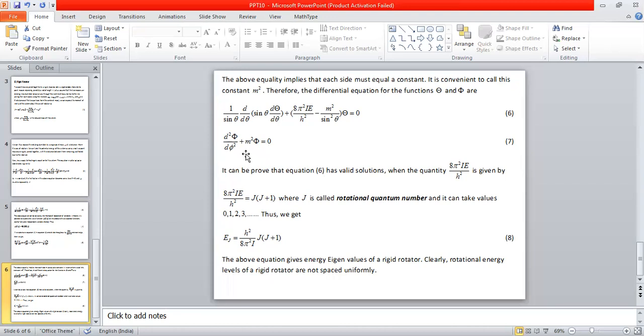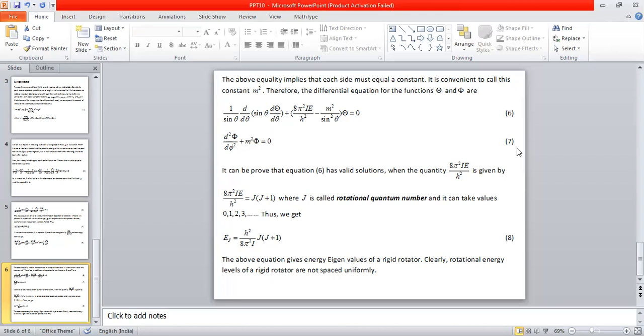In the case of hydrogen atom, we wrote this constant as m_l square and called it the magnetic orbital quantum number. Here in this case, it is some other quantum number, so we're not calling it the magnetic orbital quantum number. That quantum number is simply m. So the constant is not m, actually it is m square. So these are the two equations.